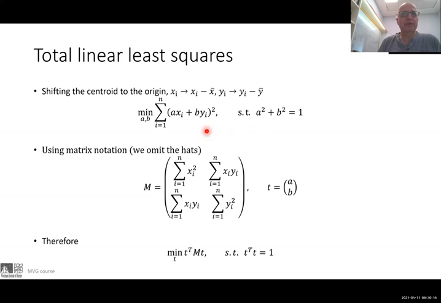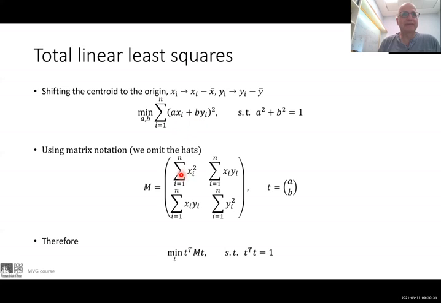This minimization, we can write in matrix notation. This is a quadratic equation.